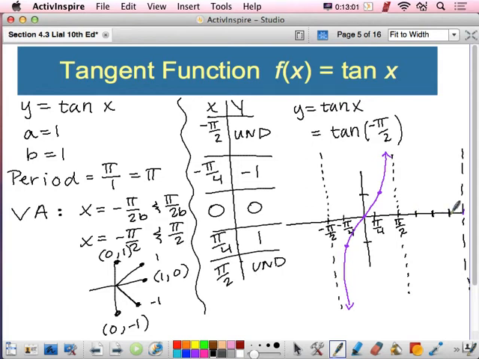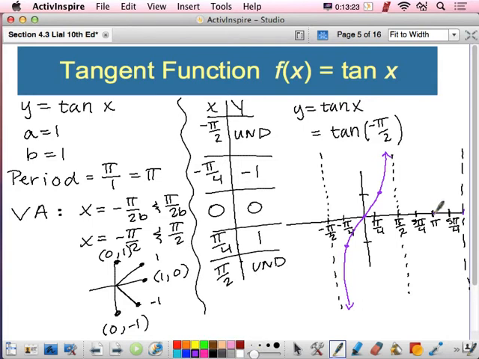You can keep counting by 1/4: 1/4, 2/4, 3/4, 4/4, 5/4, 6/4. You would count by your scale if you wanted to name those. So what is this? 3/4 pi. And this is 5/4.